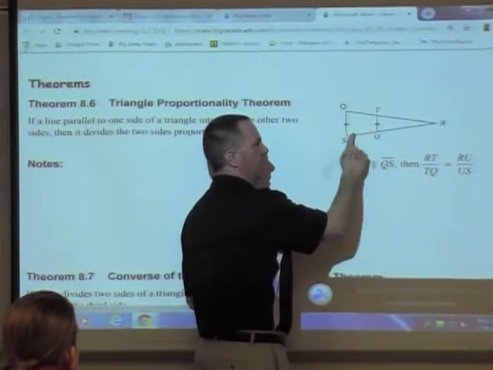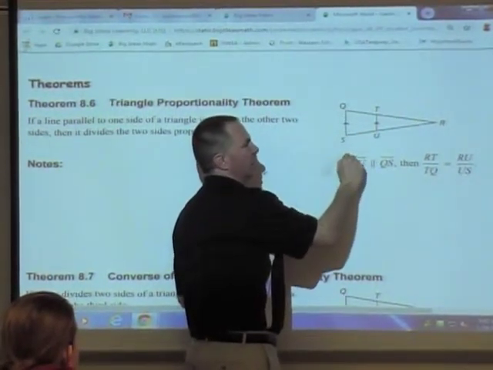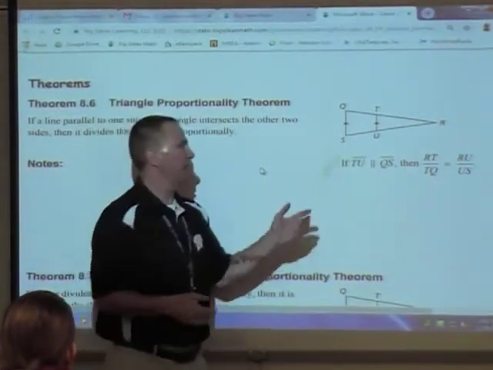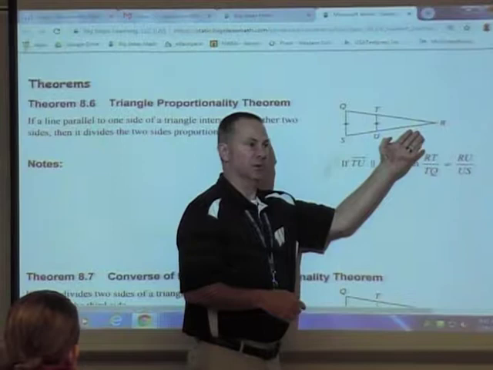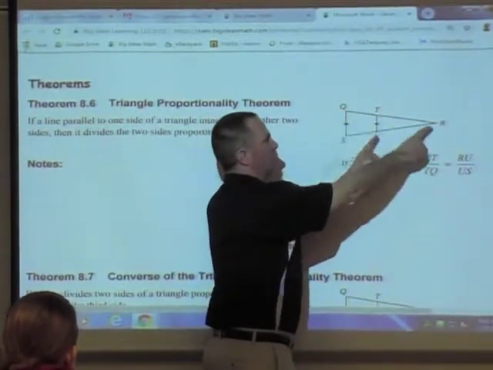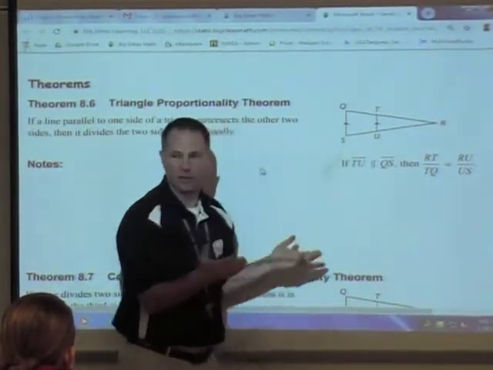Corresponding angles are congruent, so there's your two angles, your angle-angle similarity theorem that makes the big triangle similar to the smaller one. Therefore, this piece is to TQ as RU is to US. You can set up a proportion with the side lengths.